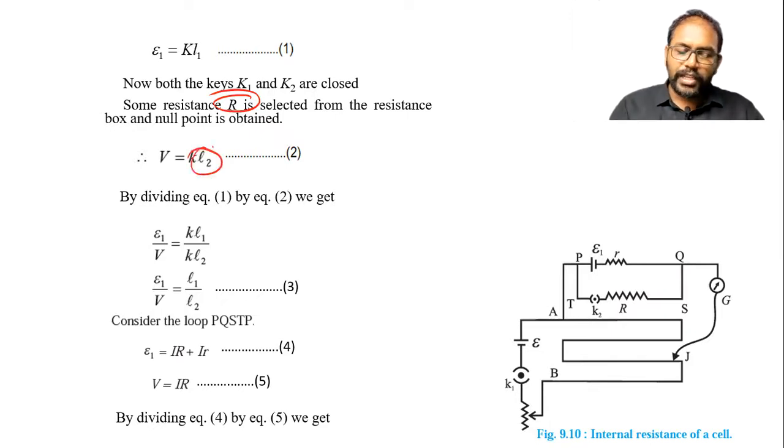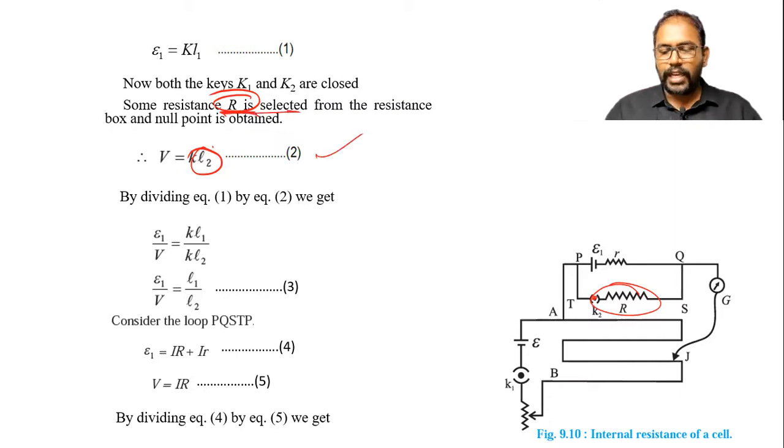We have to select the resistance and find this balancing length L2. So this capital R is the resistance from the resistance box, you note here.